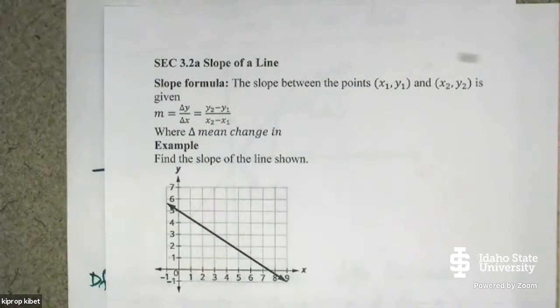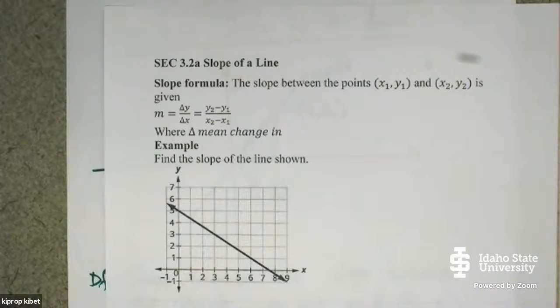So if we have that kind of graph, how can we get the gradient? We can choose any point along this line, as long as we get whole numbers.